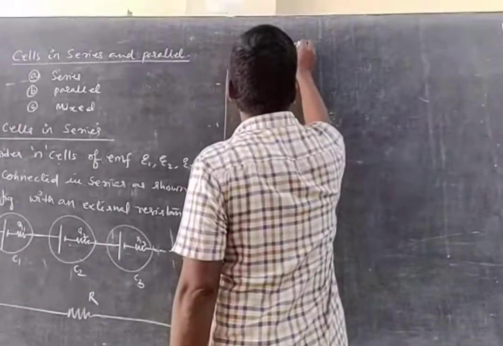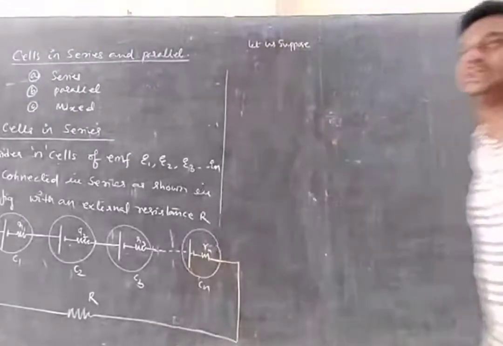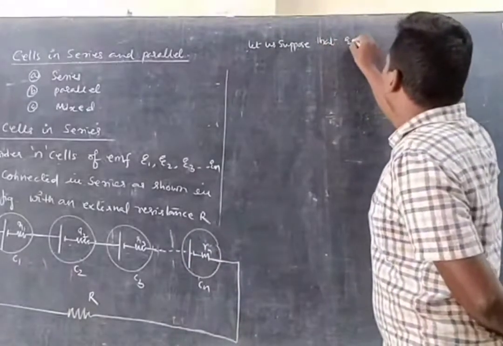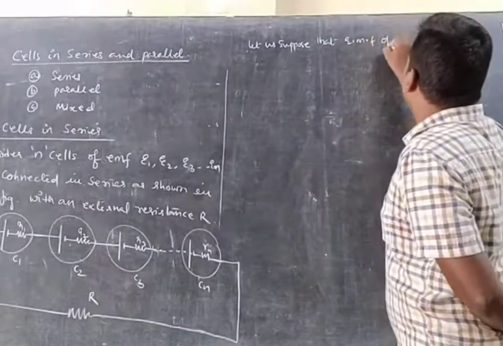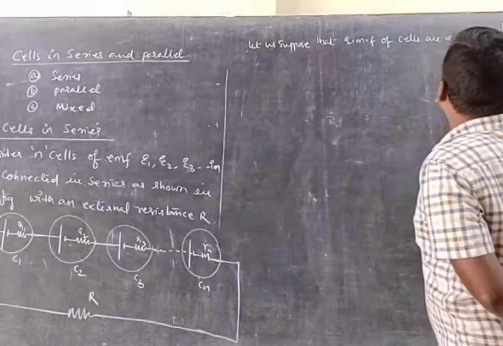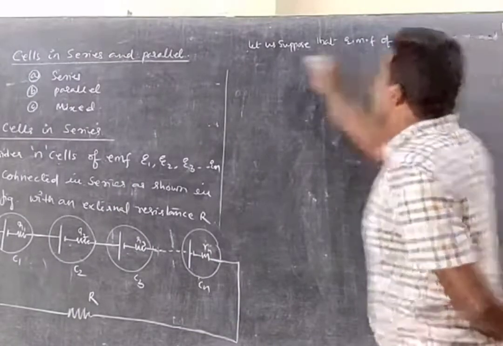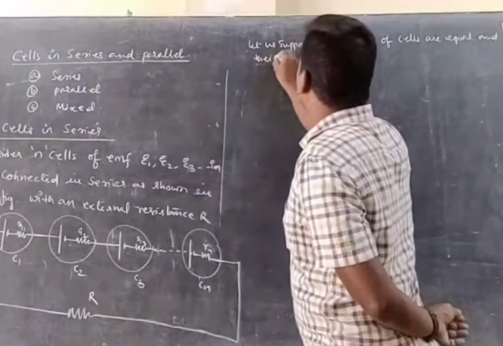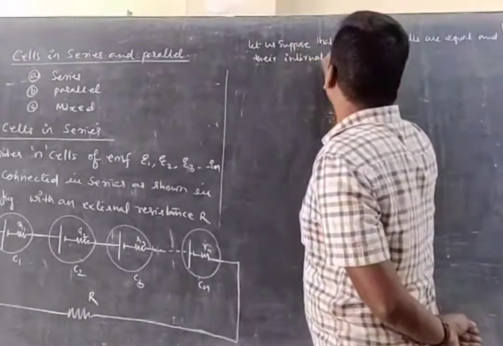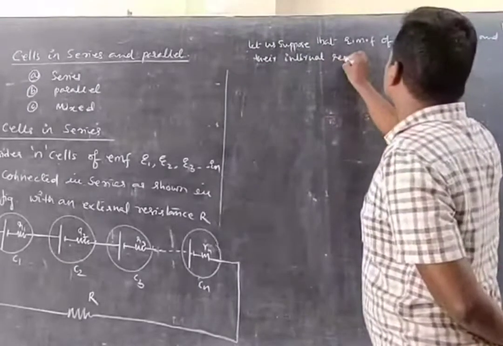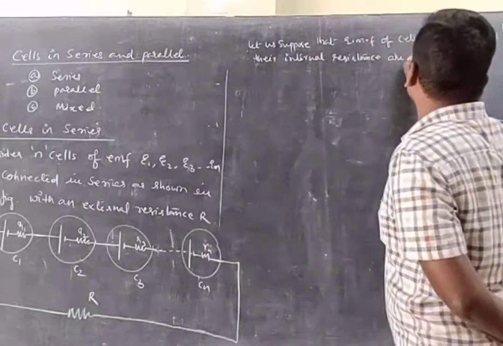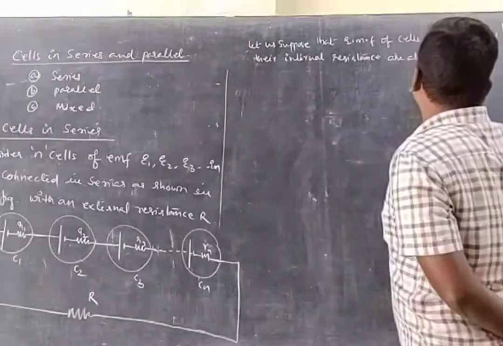Let us suppose that the EMFs of the cells are equal and their internal resistances are also equal.